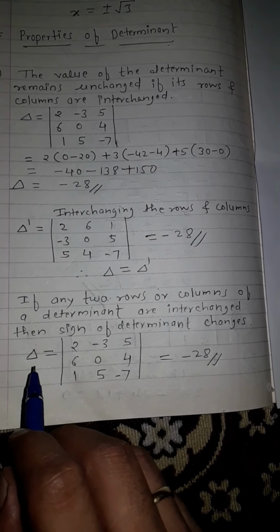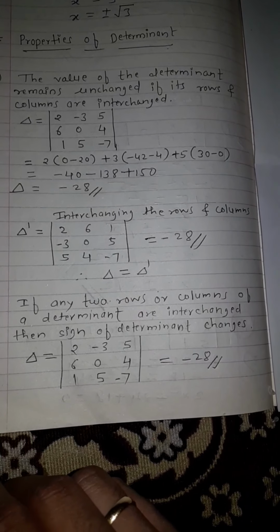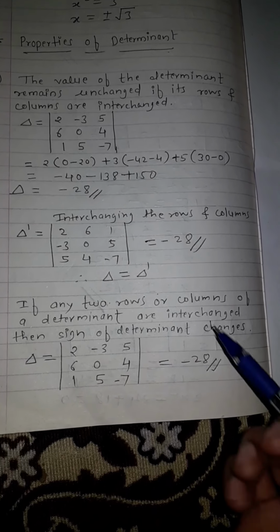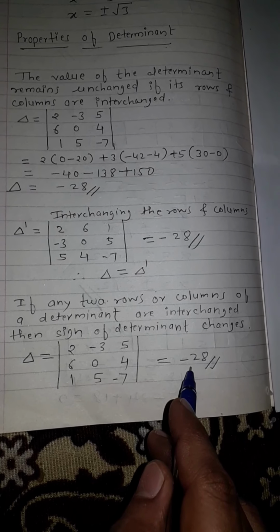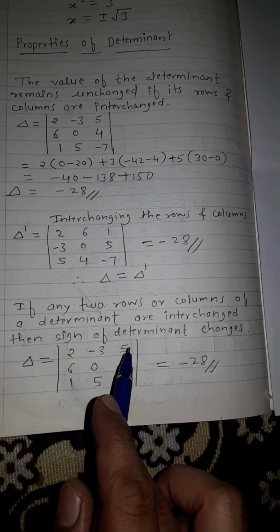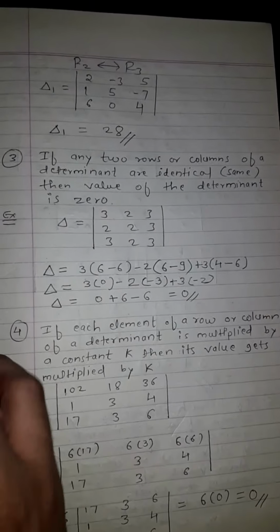For example, delta is this determinant, the same as in the first property. As you expanded there, the value is minus 28. This is delta, and we have not yet applied the property.